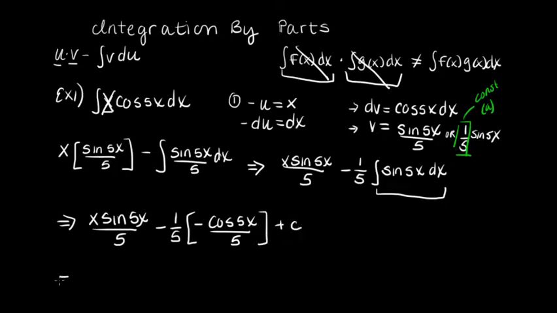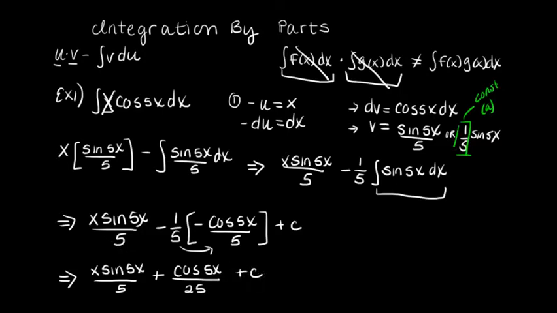We are almost there. One last step is to simplify one more time. We have x sine of 5x all over 5. A negative times a negative gives us a positive cosine 5x for the numerator. Over our 5 times 5, which gives us 25, plus c.